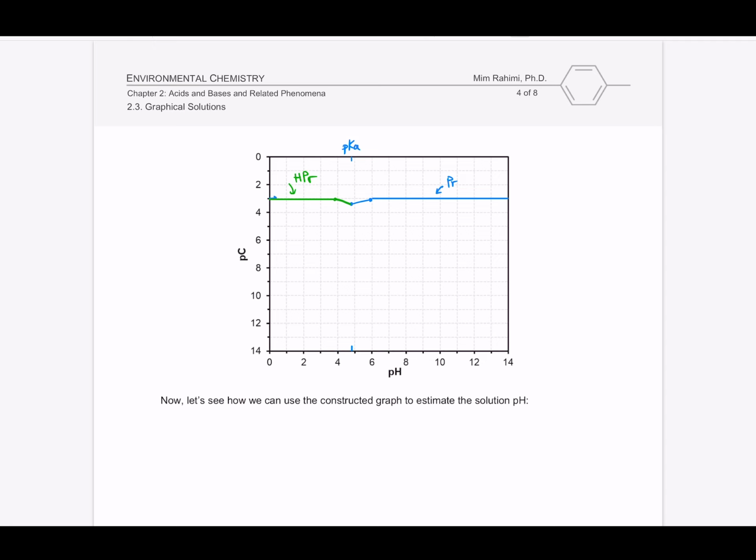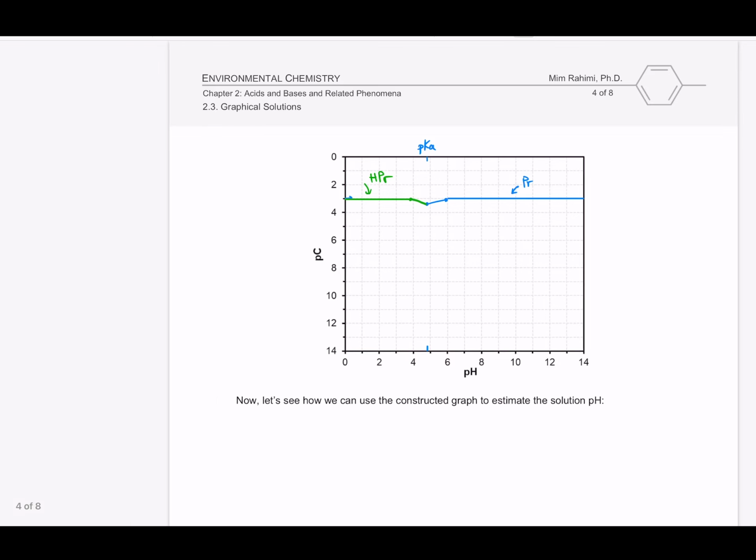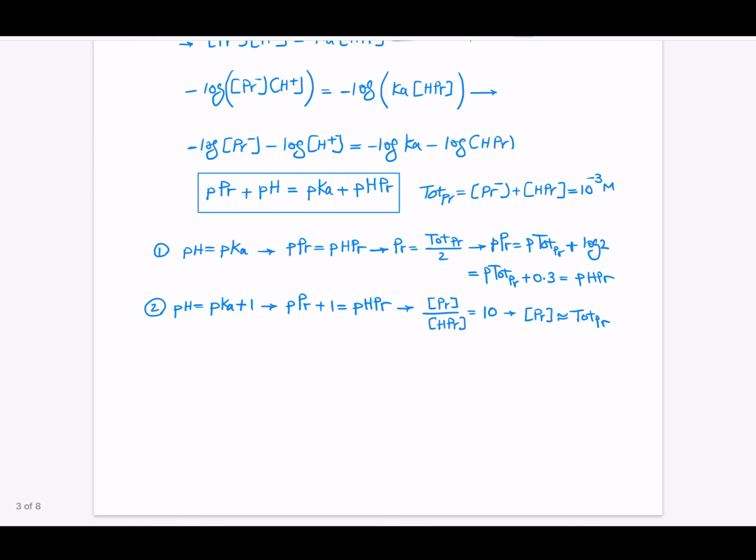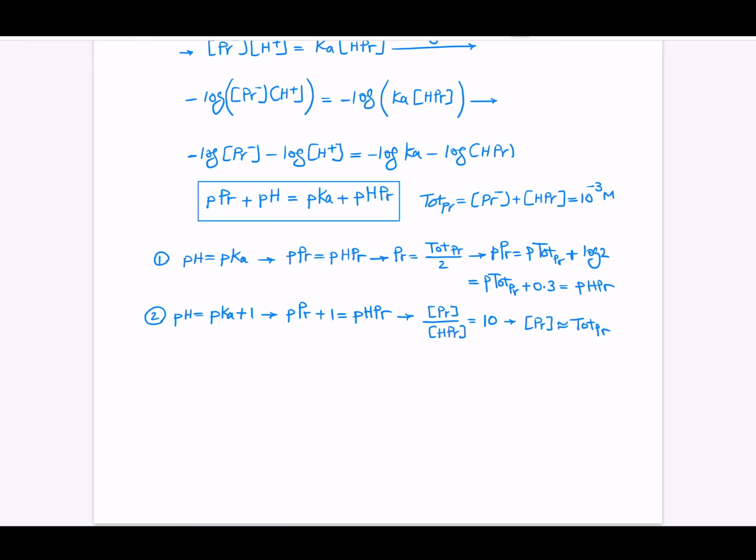Now the question is, how does it change from here to this side for PR, and how does it change from here to this side at higher pH for HPR? That's the second question. If we go back, this would be the third condition, or other pH values.